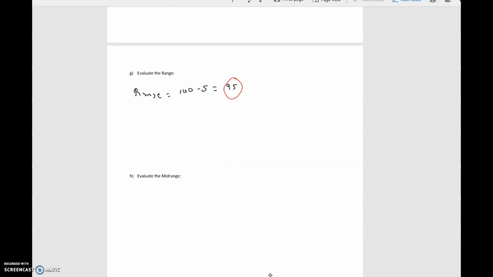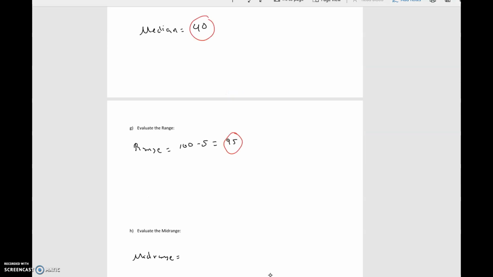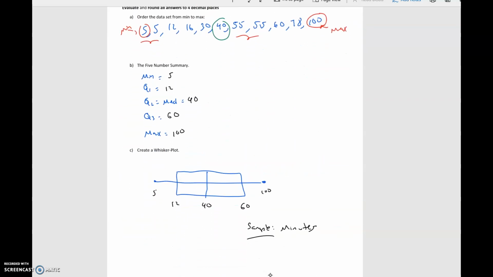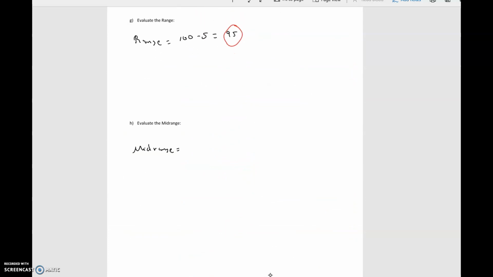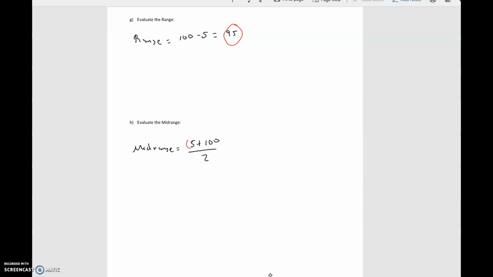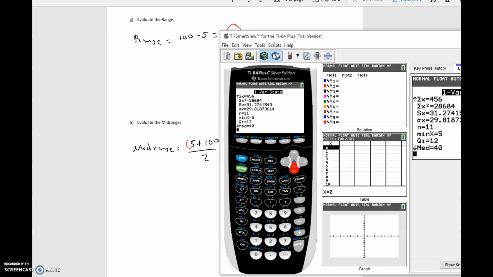Now let's take a look at the mid-range. Your mid-range is going to be given as the min plus the max, divided by 2. You have to be very careful on this one, because as you punch it into the calculator, in this case the values of 5 plus 100 divided by 2, you have to make sure that you're putting parentheses, or otherwise it won't evaluate correctly.